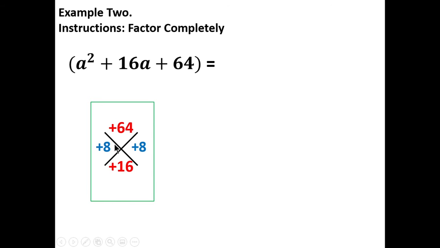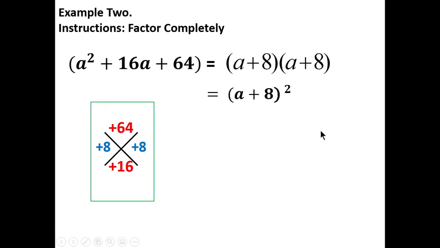So positive times positive gives you positive, and a plus 8 plus another 8 gives you positive 16. So our two factors here for this quadratic are going to be an a plus 8 and an a plus 8. So this is a perfect square quadratic. There's two factors, and they're both exactly the same. This is an a plus 8, and that's an a plus 8. So another way to write that would be a plus 8 squared, 2 times.